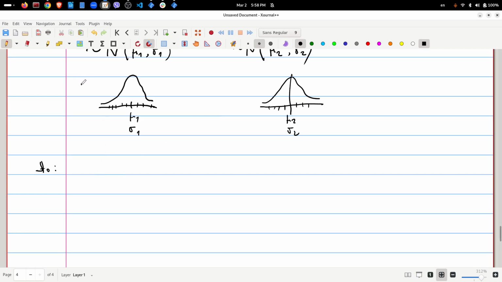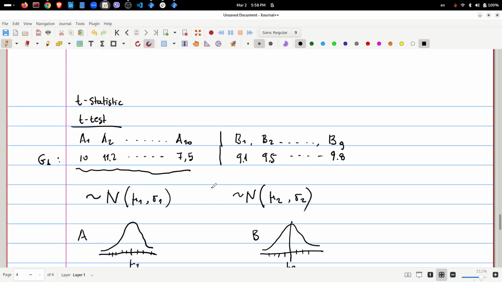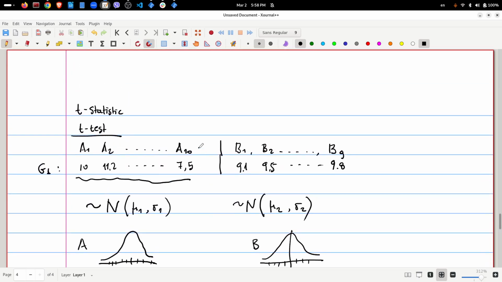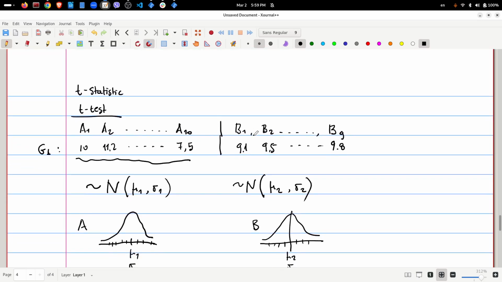So distribution A and distribution B. Now, under this assumption, these values and these values would be the realizations of the same distribution. And whatever difference they have, for example, their average values might be different than the average values of B, is just a stochastic thing. Just happened.